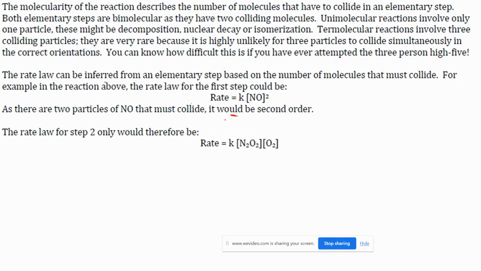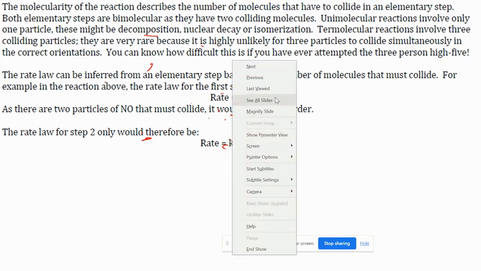Unimolecular reactions are only going to involve one particle, and they might be some sort of decomposition, nuclear decay, or isomerization, which is just a fancy word for saying we're going to take the same stuff and just rearrange the shape of it. There's glucose, for example, C6H12O6. There are several things that have that same formula, and they're not glucose. It's just the way those molecules are arranged.